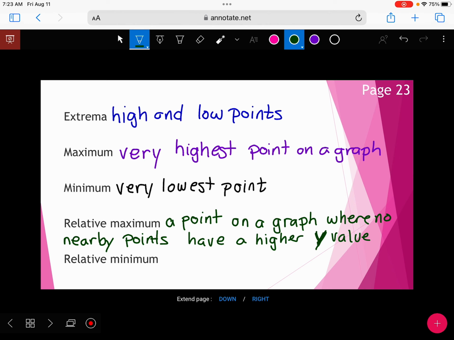By that same flavor, same kind of vibe, for the relative minimum.